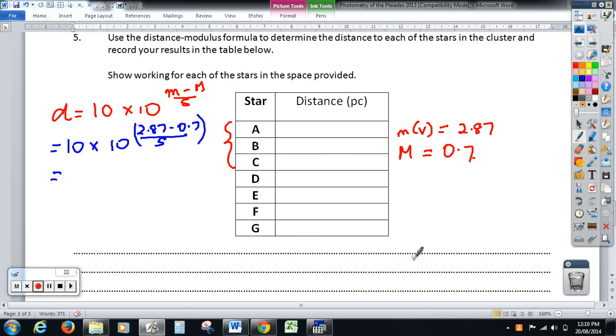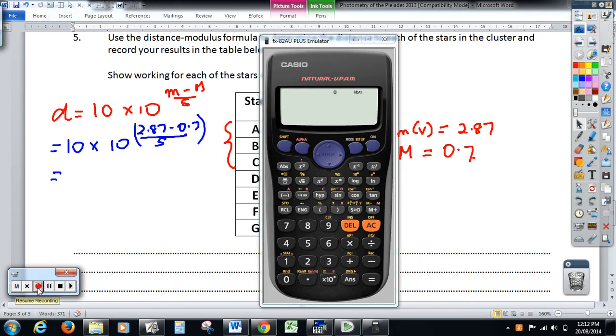So I'll get the calculator up and I'll come back with a value for you. Okay, so let's type in the values. It's 10 times 10 to the, okay, and we're going to put this in a bracket, and this bracket is going to have a fraction in it.